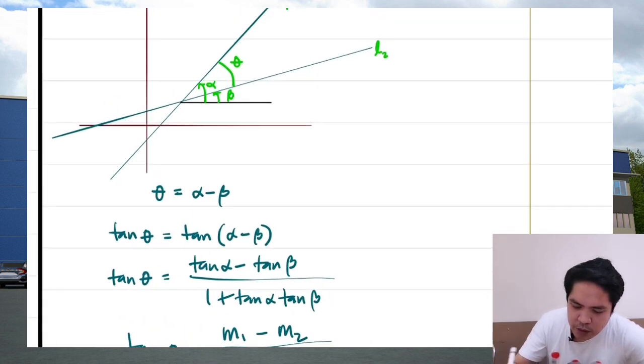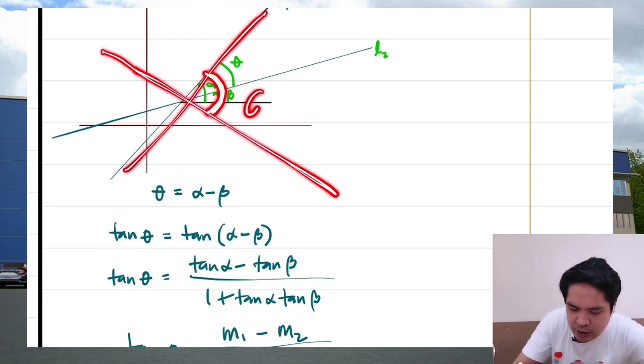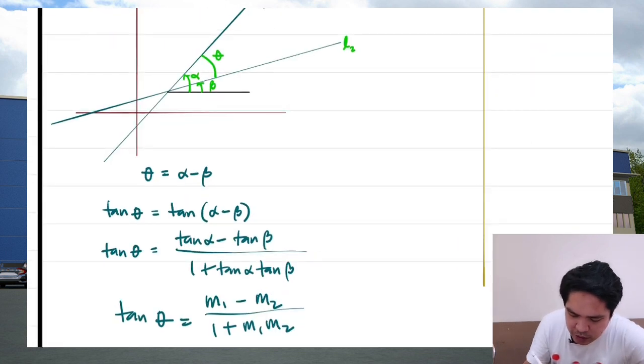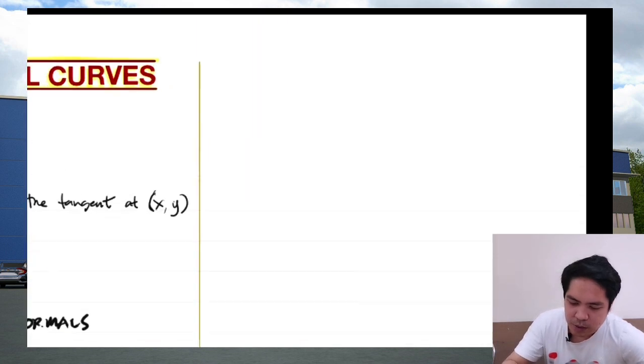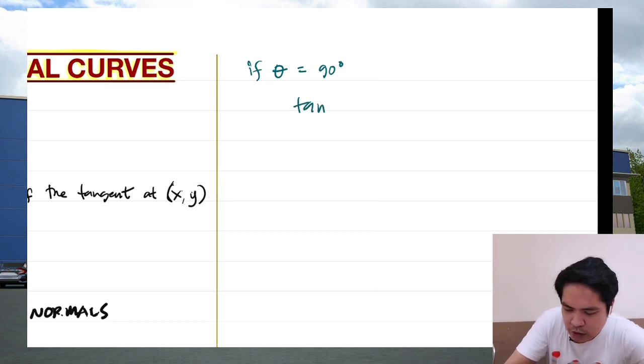Okay. Now, if we have two perpendicular lines, meaning theta is equal to 90 degrees, the tangent of 90 degrees is undefined. Diba?